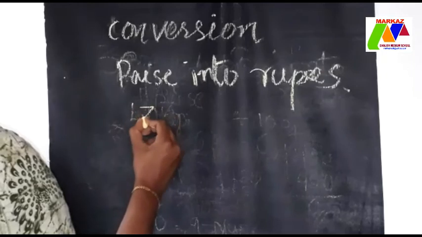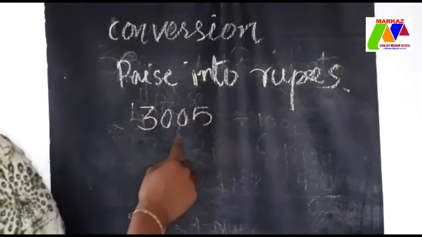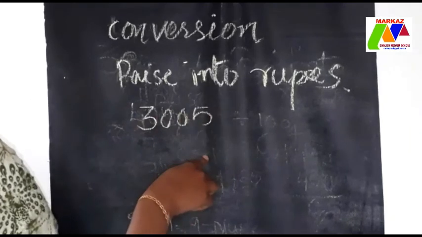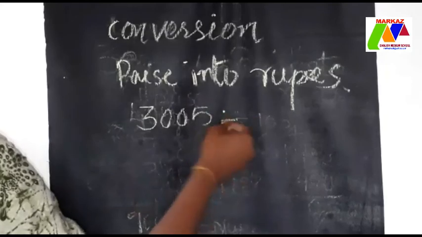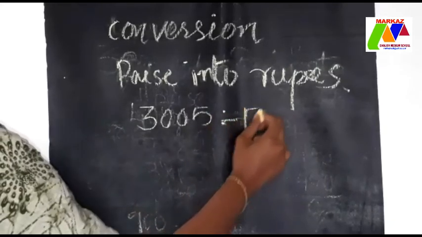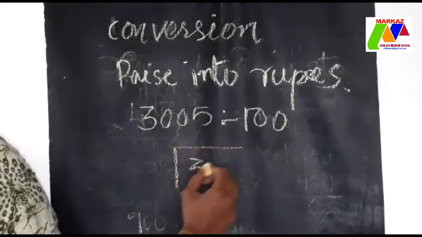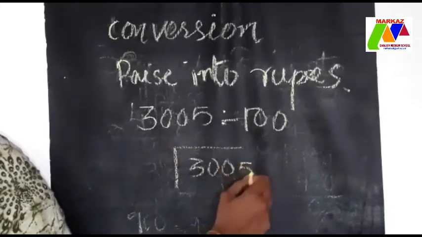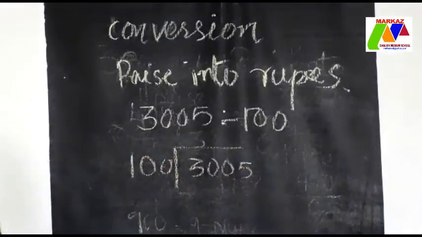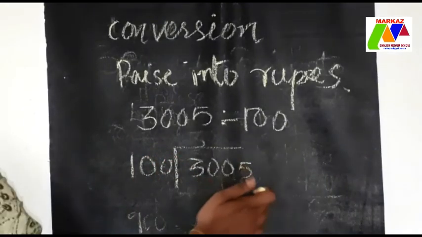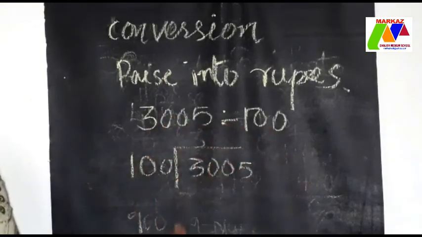Students, if the paise is 3005, now how to convert this into rupees? Let us divide 3005 by 100. Students, now let us solve this. 3005 divided by 100.